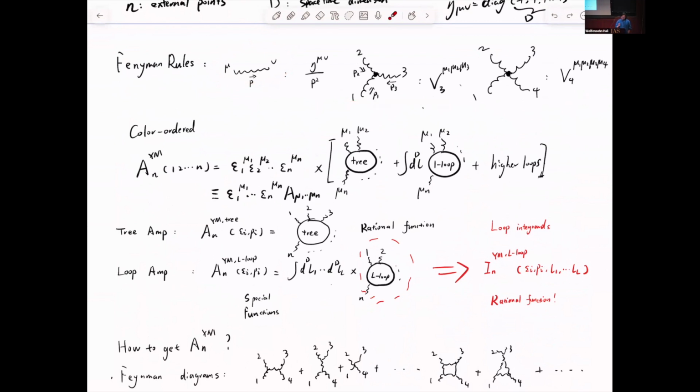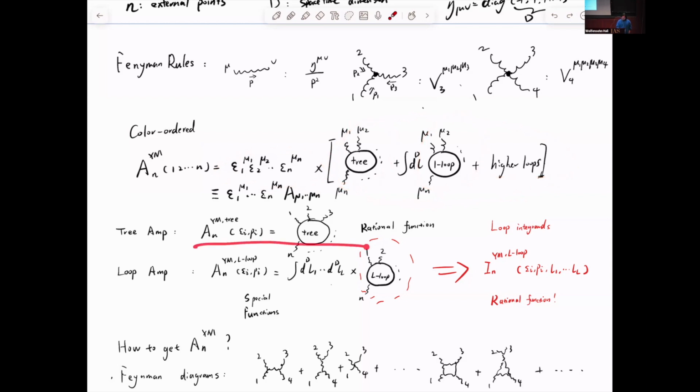We are focusing on color-ordered Yang-Mills n-point amplitudes. We contract all the external polarization vectors into lots of Feynman diagrams and do the perturbative expansion. So we have tree level, one loop, and higher loop contributions.